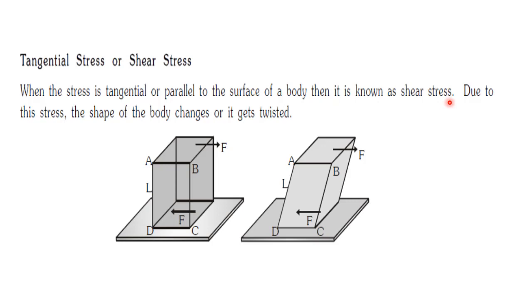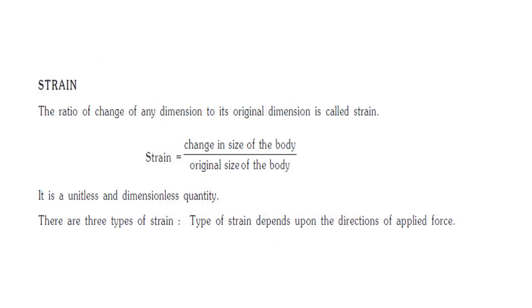And what is the outcome of this shear stress? The shape of the body changes or it gets twisted. The force is applied parallel to the surface, either in this direction or this direction, and the upper plane of the body makes an angle with respect to the lower plane. So that is called the tangential stress or shear stress.